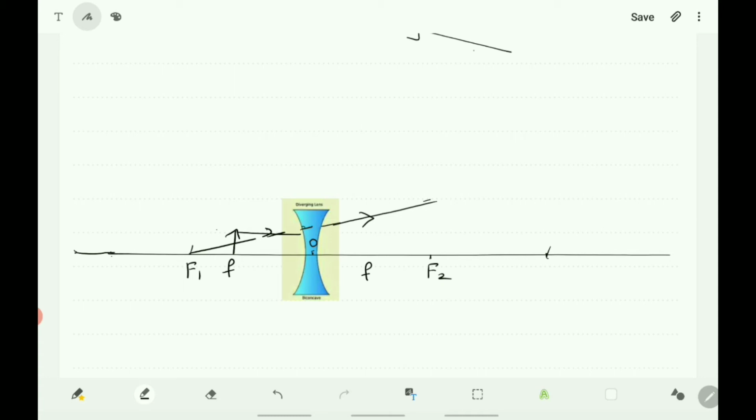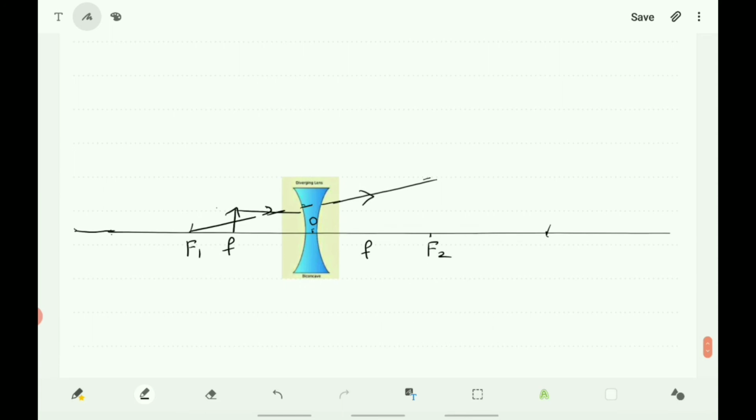The next ray, let us take the ray which passes through the optic center. And these two rays meet here, and you will get an image.